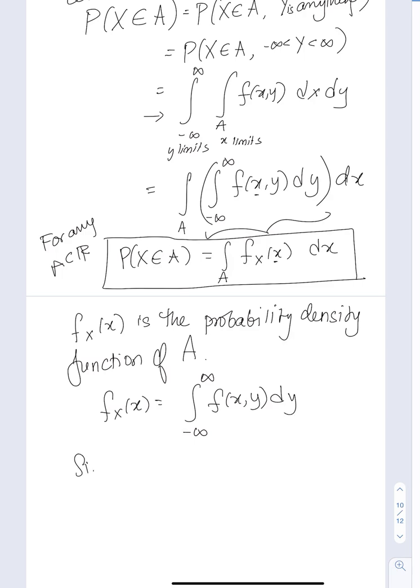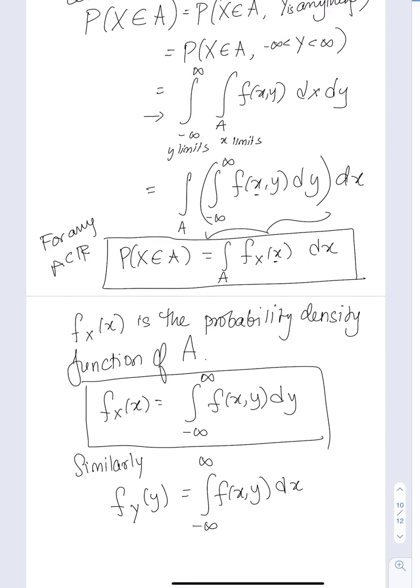And similarly, you can get the density of y by integrating out the x. That is the relation between the individual probability density functions and the joint density function.